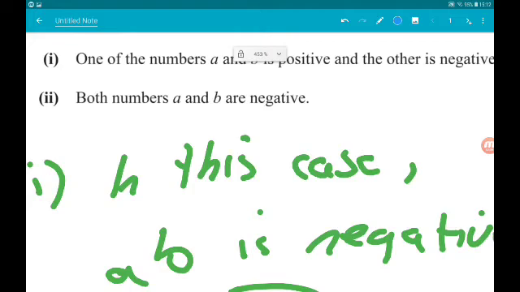Part 2: both numbers a and b are negative.